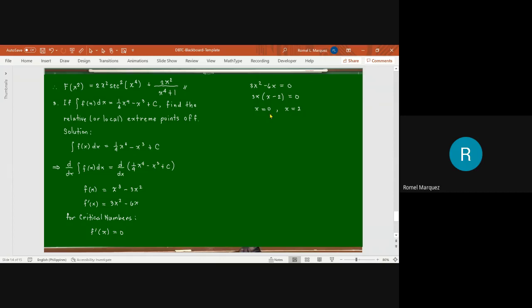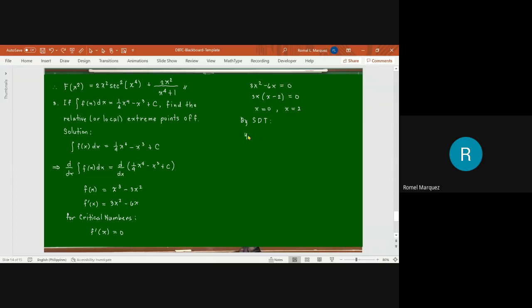By second derivative test, getting the second derivative. What is the second derivative, guys, of the function f? Guys, what's the second derivative? 6x minus 6. So we have 6x minus 6, no?